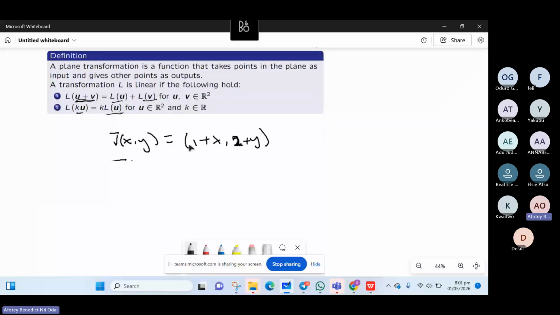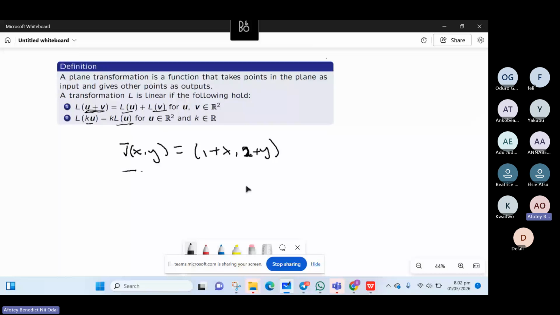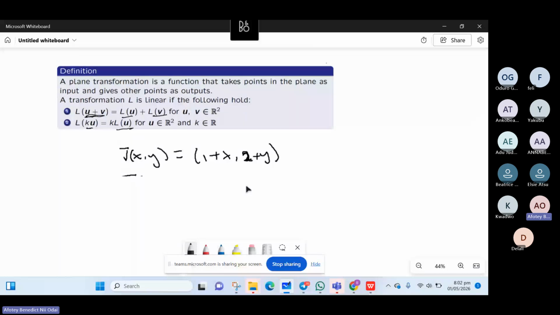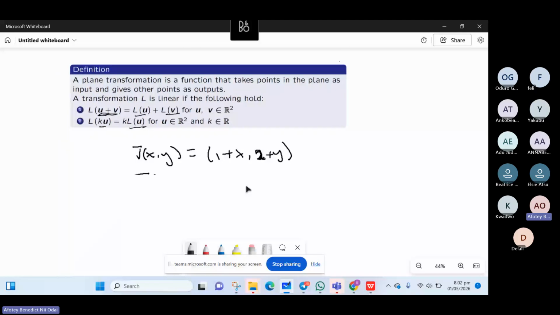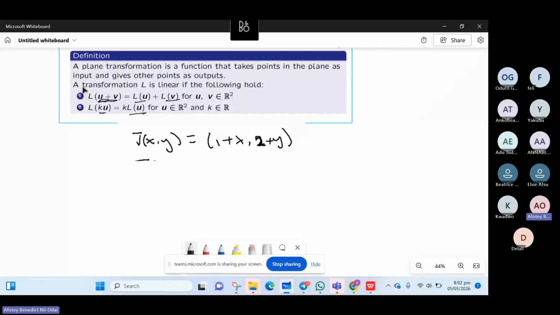A plane transformation is a function that takes points in a plane as input and gives another point as output. A transformation is linear if any of the following hold. Once the first one holds, it means that the transformation is linear.